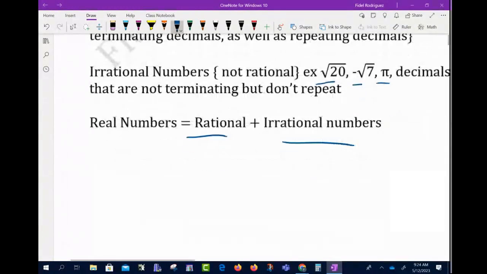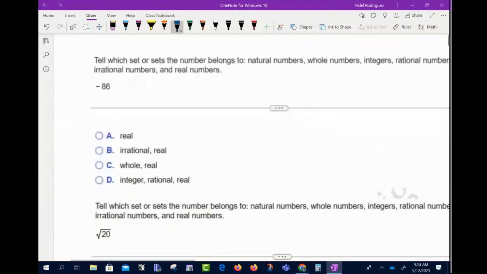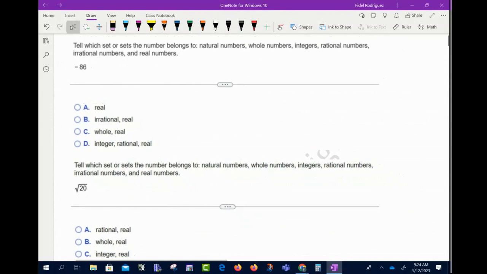Now, what I want us to do, y'all, the one thing about the TSI test, when you took it, it was multiple choice, right? Guys, what I try to do here is I try to pull the questions so that they're multiple choice, so you can kind of, again, get a similar experience. So look what the first problem says. Tell which set or sets the number belongs to.